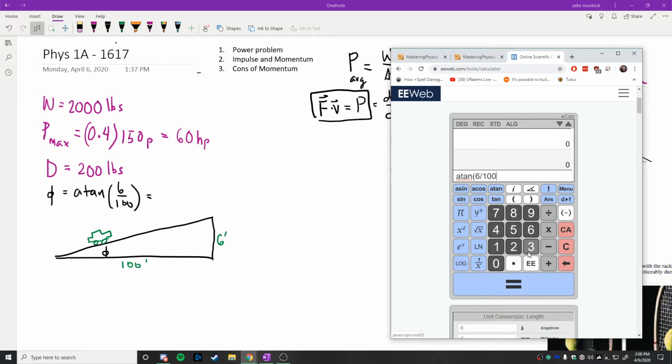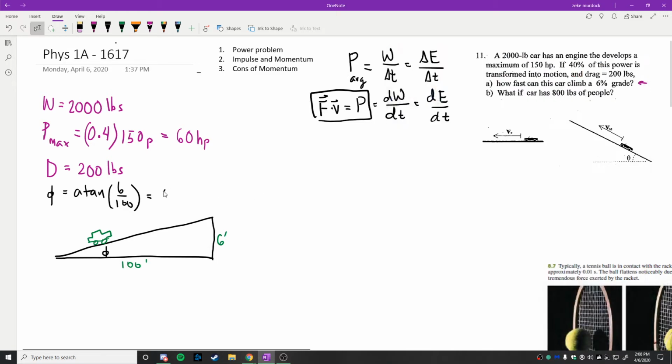And that is 3.4 degrees. So it's a very general kind of slope. So 3.4 degrees is the angle we have here.